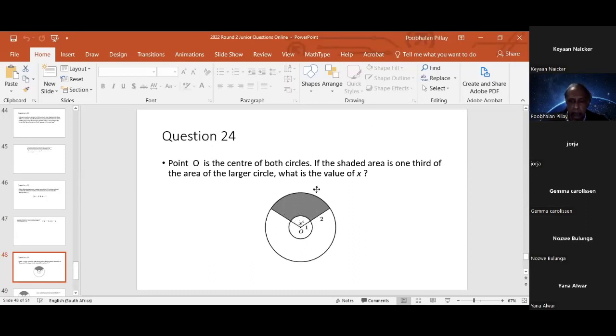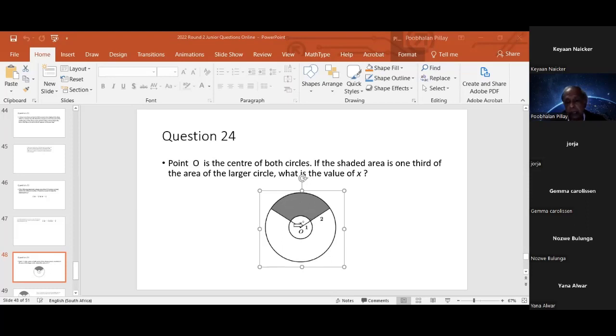So this is 1/3 the area of the largest circle. And they tell you that the radius of the small circle is 1, you can see it here. And the radius of the large circle is 3, right? Remember, because you've got 2 and 1, so the full radius is 3.